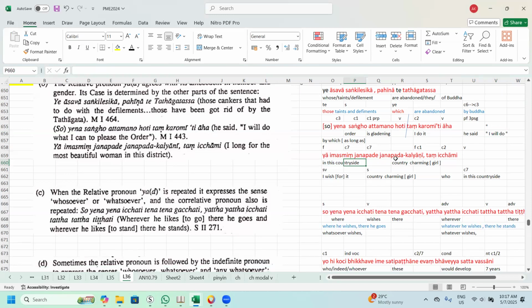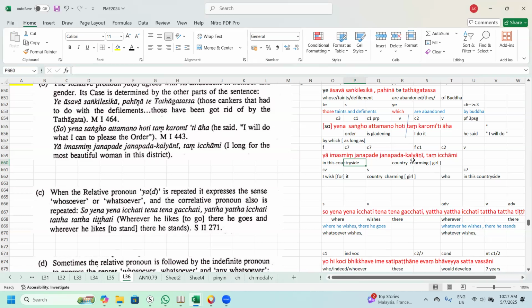Janapade, Janapada, Kalyani, tam icchami. Okay, if you look at it, this is locative, this is locative, this is the compound. Can you see this is a compound? This compound is feminine: Kalyana, Kalyani.